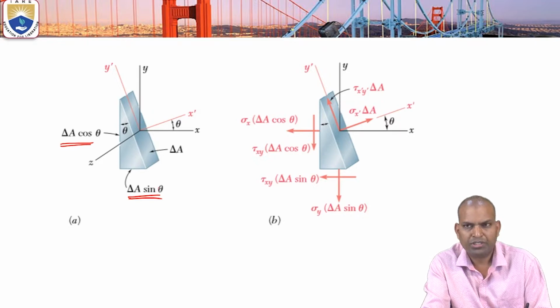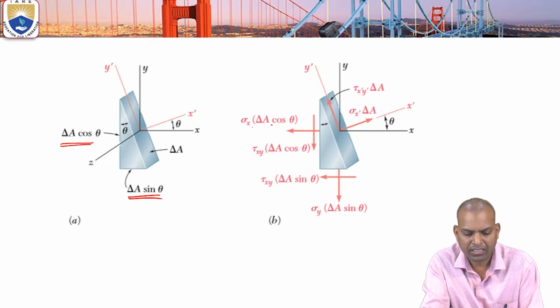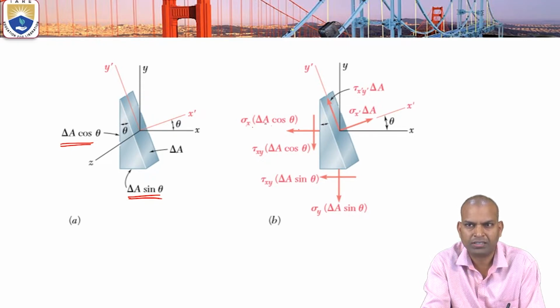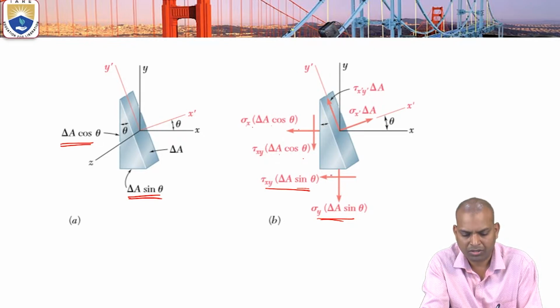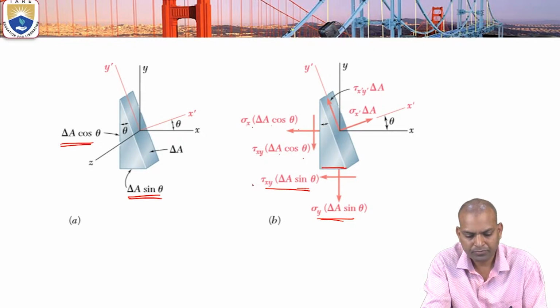Coming to figure B, the forces on the horizontal plane are sigma x del A cos theta, tau xy del A cos theta, tau xy del A sin theta, and sigma y del A sin theta.